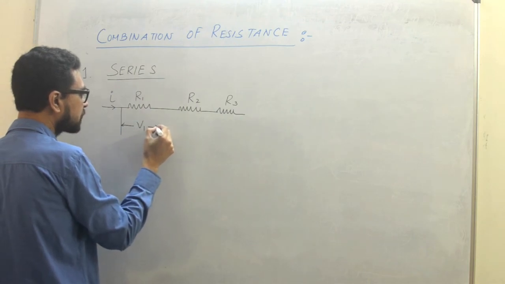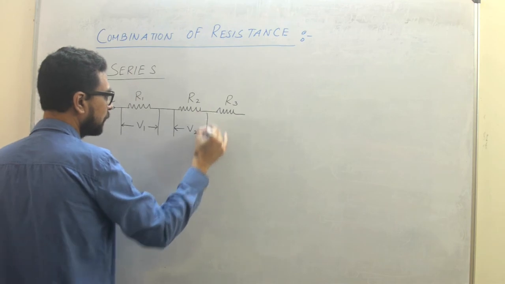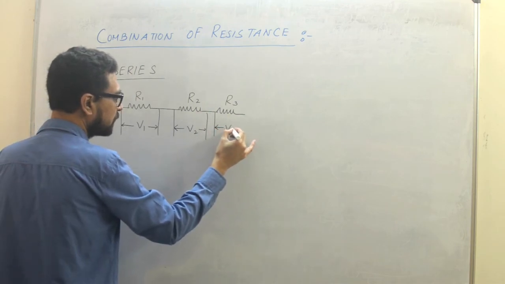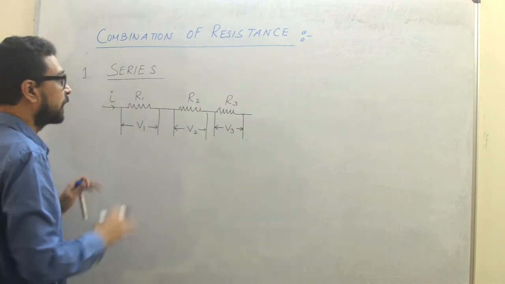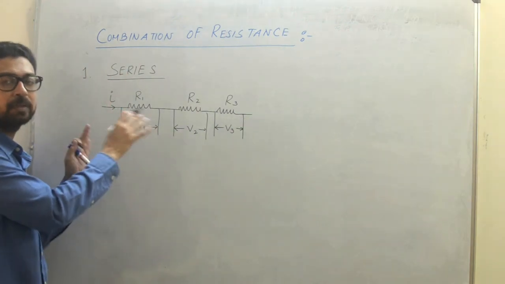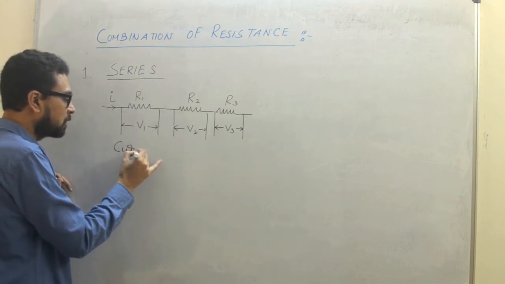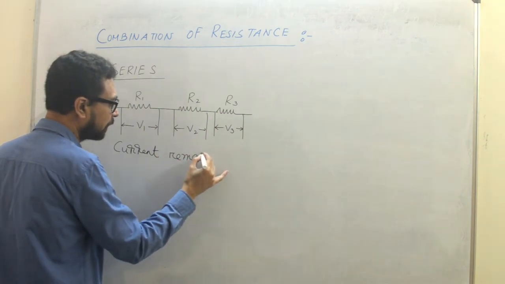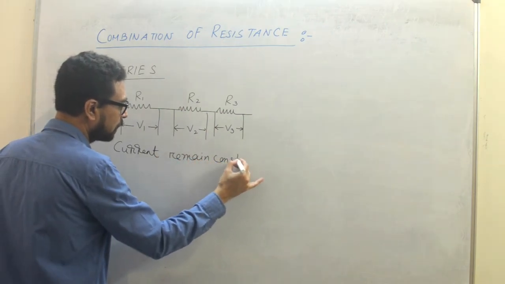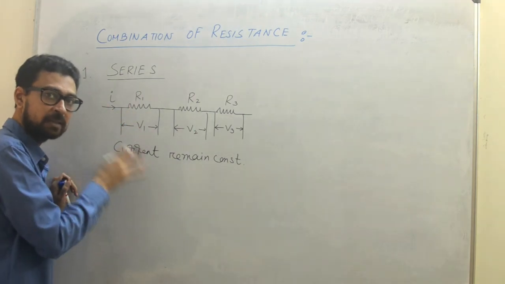Individual resistances develop individual potential drops, because for each of these three resistances we have different potential drops. But remember one thing: the current remains constant here. This is the main logic behind series resistance.